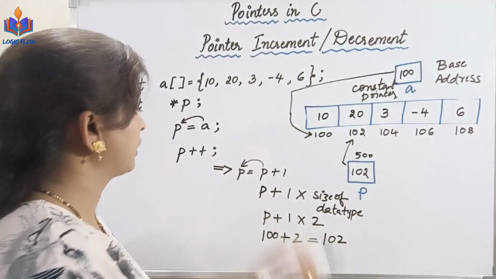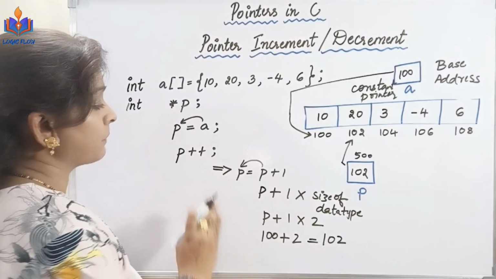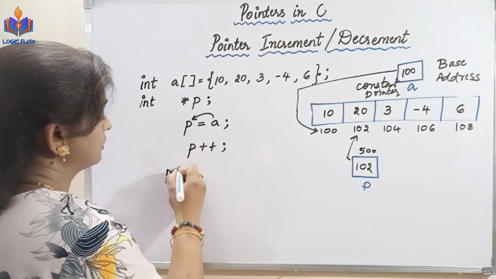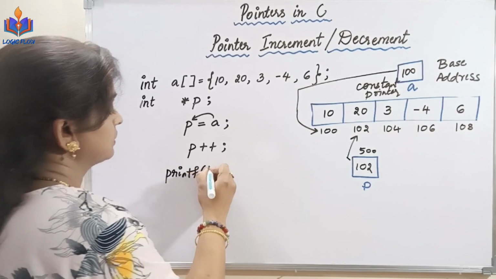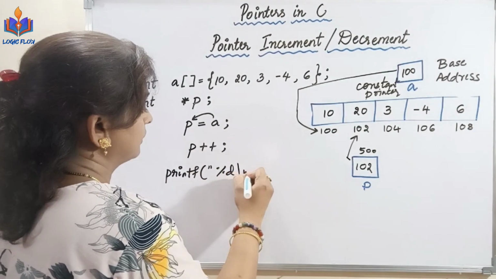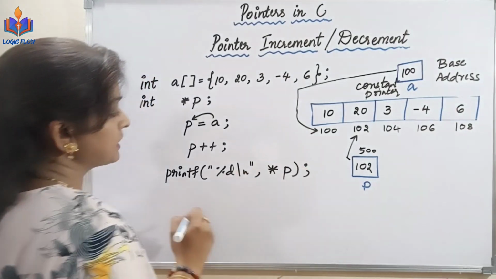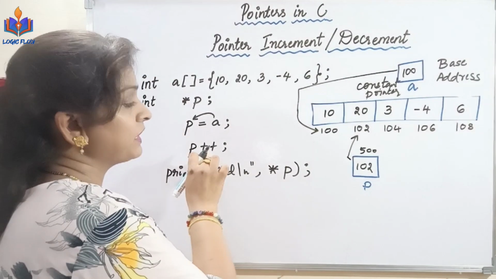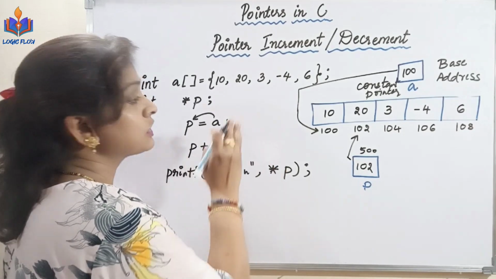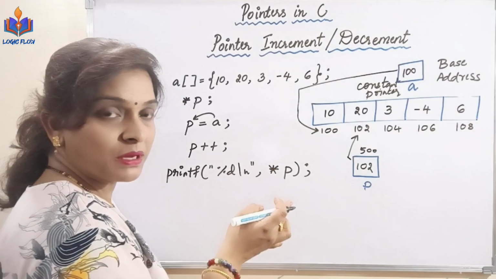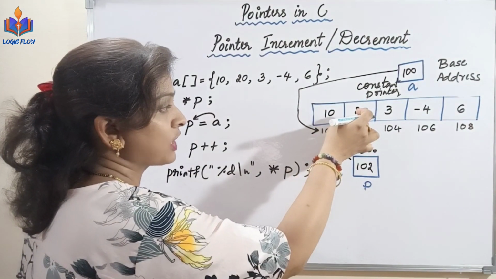Now if I say printf %d, asterisk P, what will be the answer? P plus plus means increase the value by 1, means advance the pointer by one location. P equal to P plus 1, so it is going to the next location.